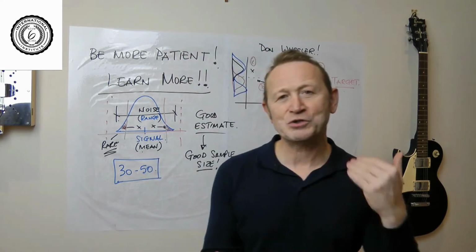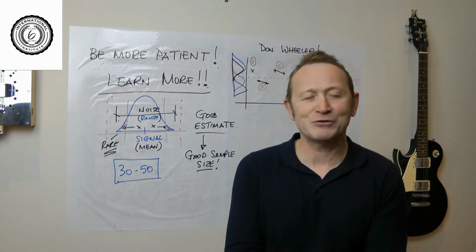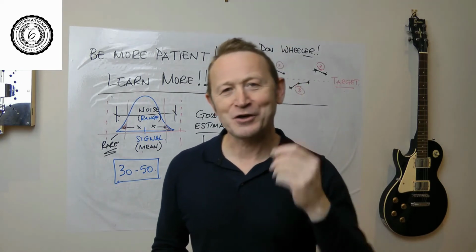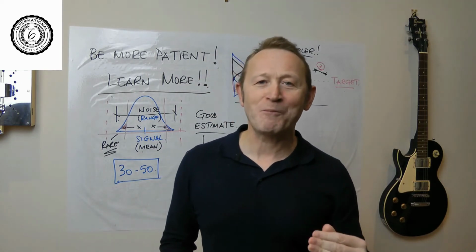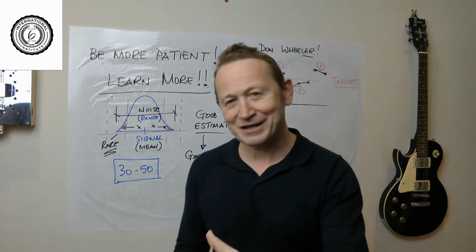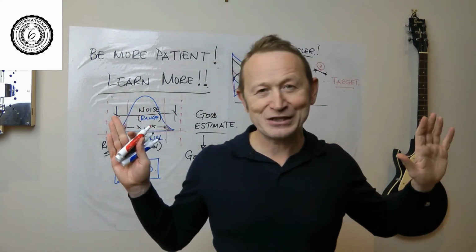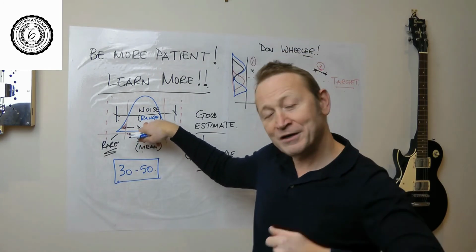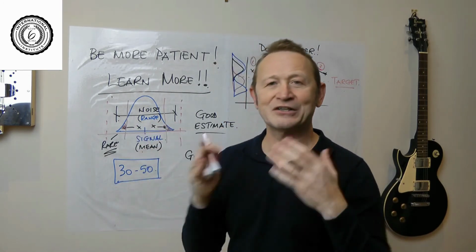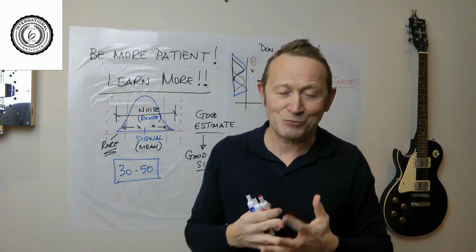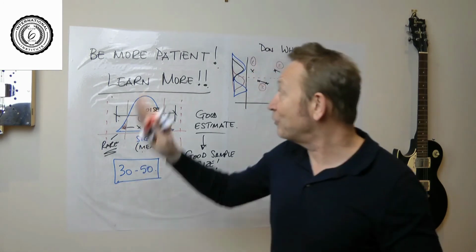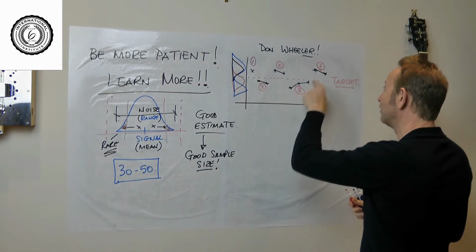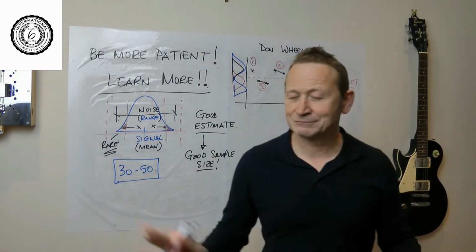It would have cost you the same amount of effort, the same amount of time, but the information would have been so much more powerful. It's the same data, but you're taking your hands away so that a distribution can form and you can think statistically and you can see what's going on. Okay, so be more patient, because at the moment, what have we learned?